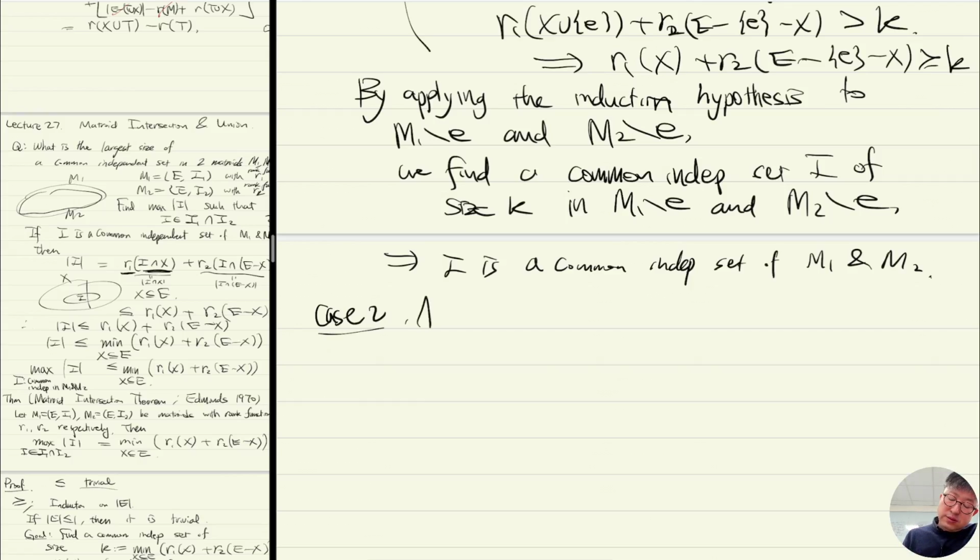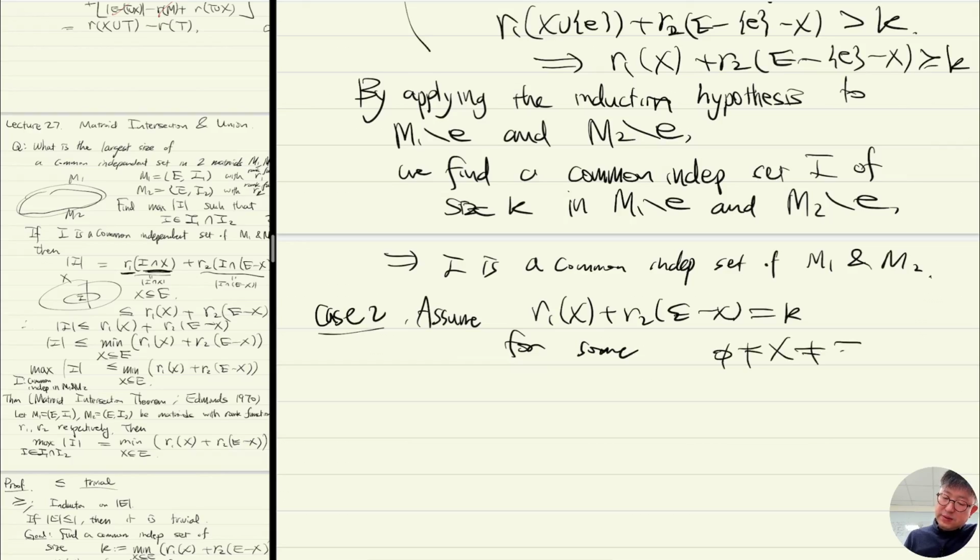Assume that R1(X) plus R2(E minus X) is equal to K for some X not equal to empty, not equal to everything.